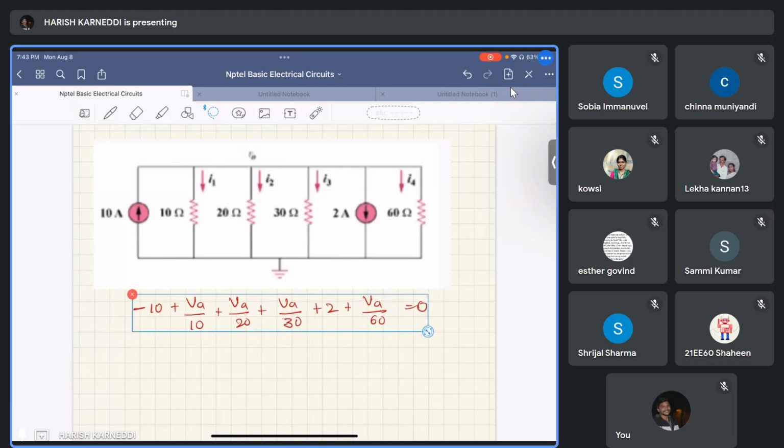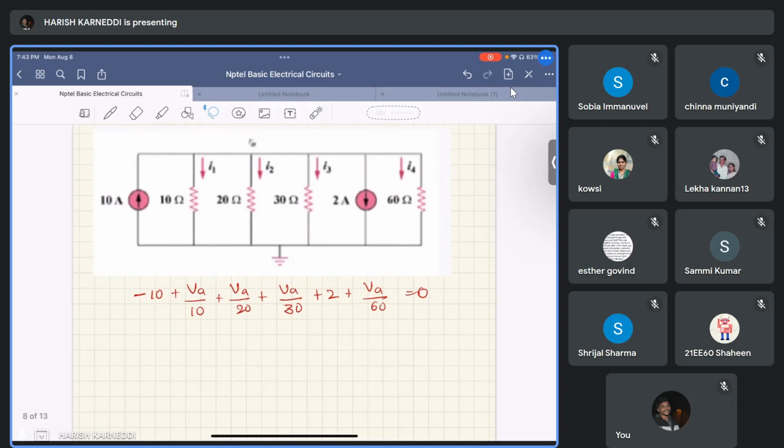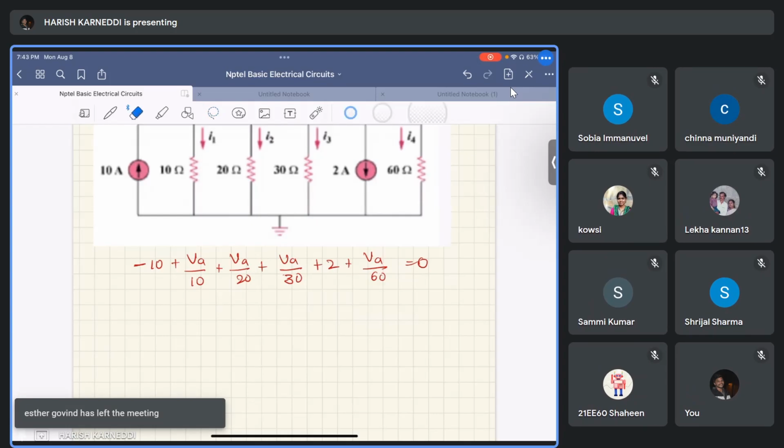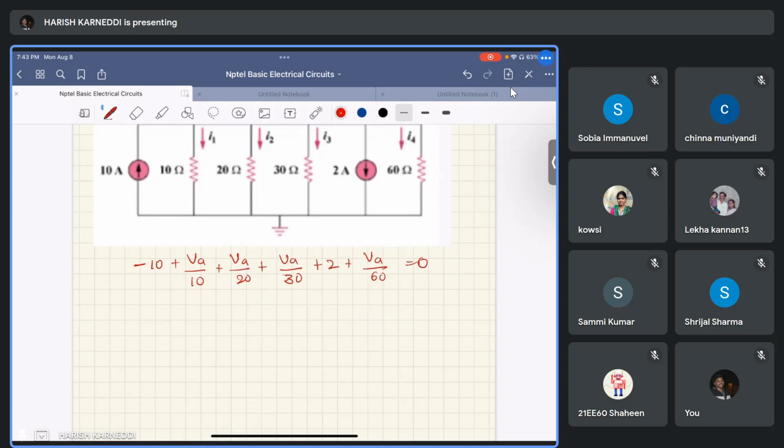Yeah, this is our nodal equation. So what is that LCM? Let us suppose we consider 60.